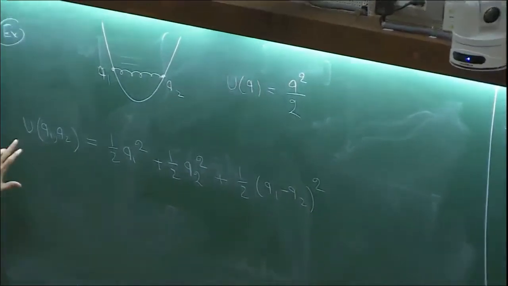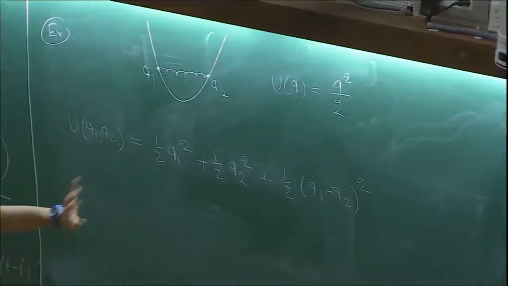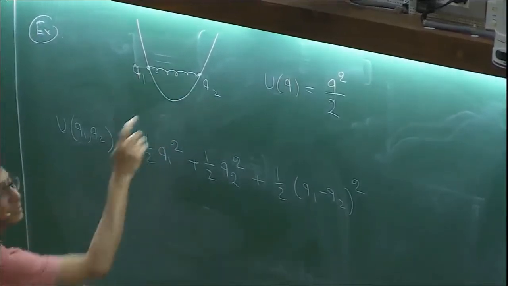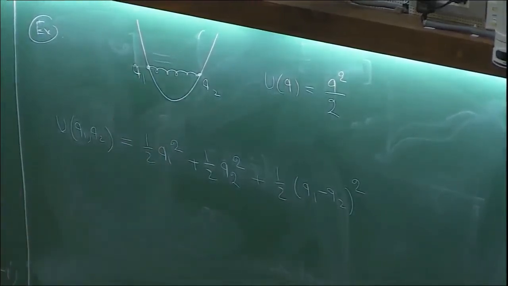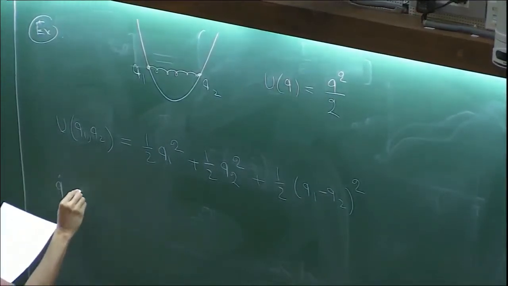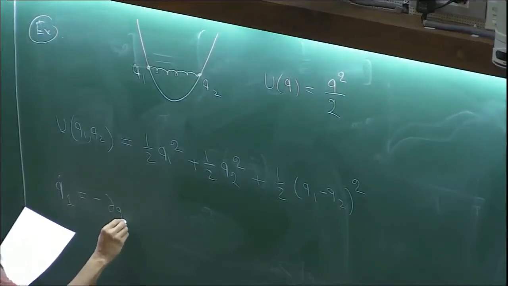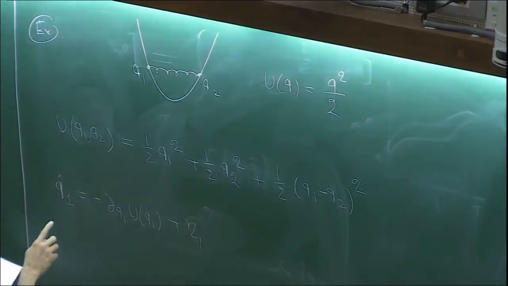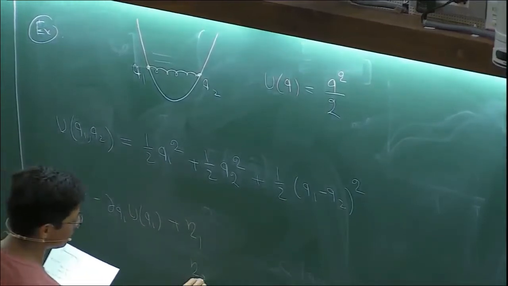Then for this problem, just solve this with the assumption that each of these two particles is driven by a different noise, so they have a different temperature. So when you write the Langevin equation for Q1, simply again minus Q1 plus eta 1. For Q2, it's similar, but the noise is different.